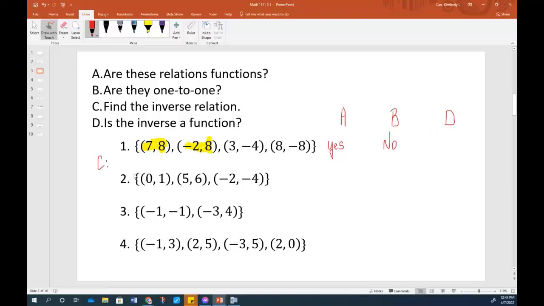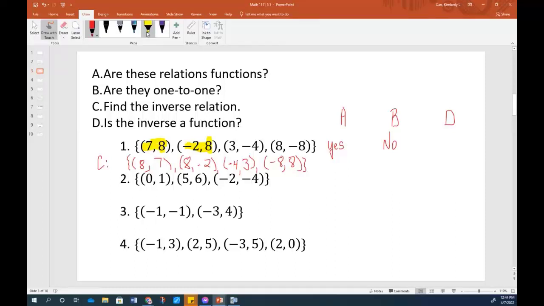Find the inverse relation. That's part C. You can find the inverse by simply trading out the x and y values. All I did was reverse those x and y values, and now I have an inverse relation. Is this inverse relation a function?